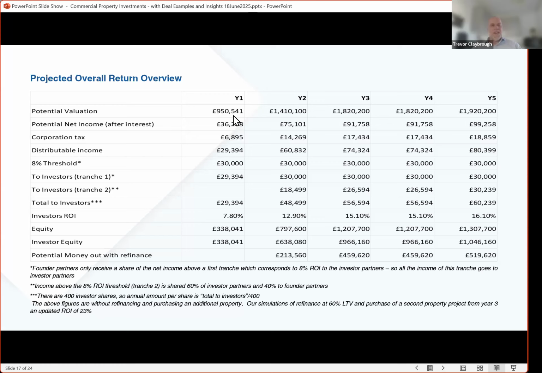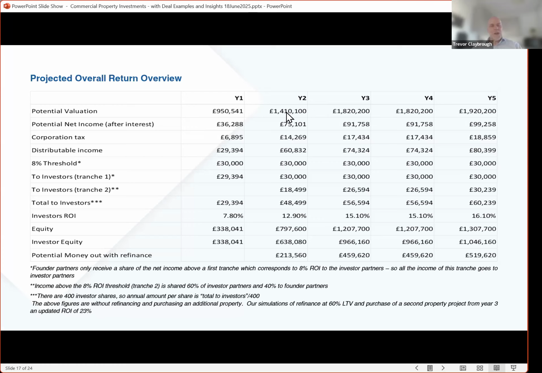So when we buy, the valuation is based on yields in the area, which is Duncan's speciality. Theoretically, with the current income, we should be able to get a valuation of 950. In practice, the valuer is only going to give the value of the price at which we're paying. We know that always works like that. And then we've got the net income here, which is income after paying the mortgage interest.